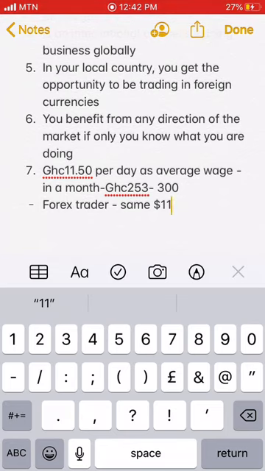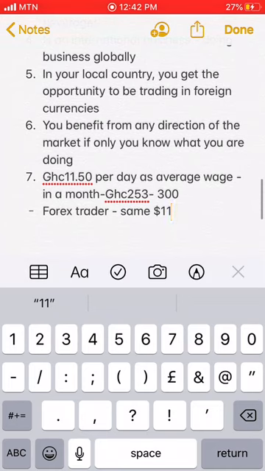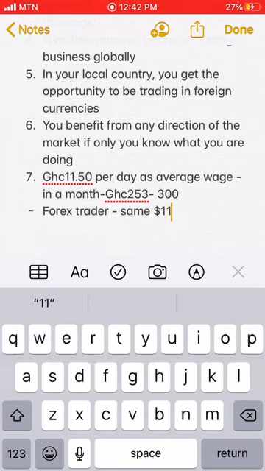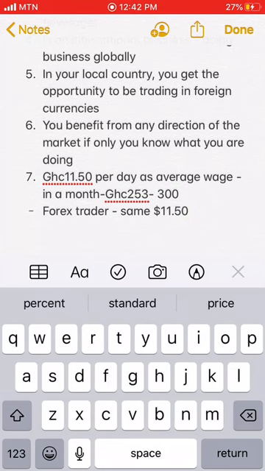Remember, to be part of the forex market you need to open an account with a broker, and that account is a foreign account. Normally it's one of the fiat currencies like the dollar, the euro, the pound. You can open any of them. So let's say I open a dollar account, and whatever you are trading will be in that currency as your profit. So let's say I'm able to make the same 11.50, but this time it's in dollars.